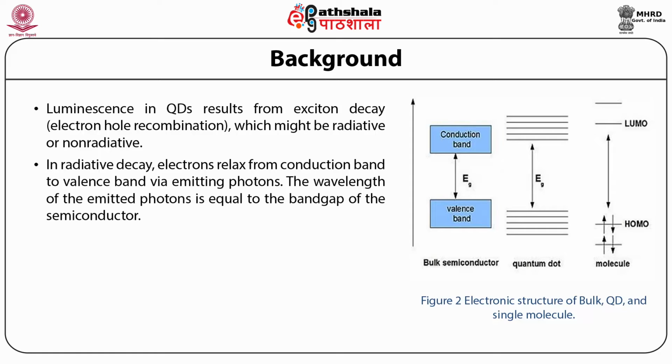The wavelength of the emitted photons corresponds to the band gap of the semiconductor. In non-radiative recombination, the electrons relax by releasing their energy by emitting phonons or through Auger recombination.